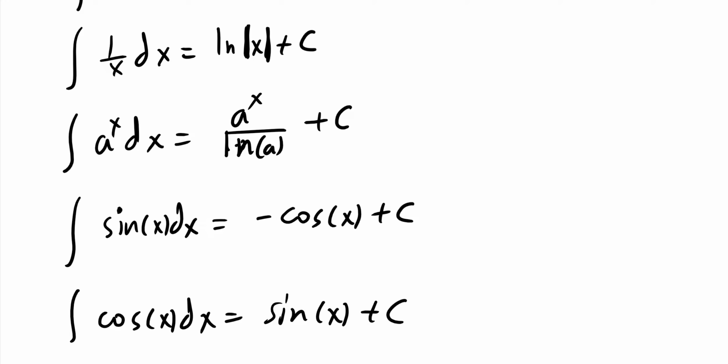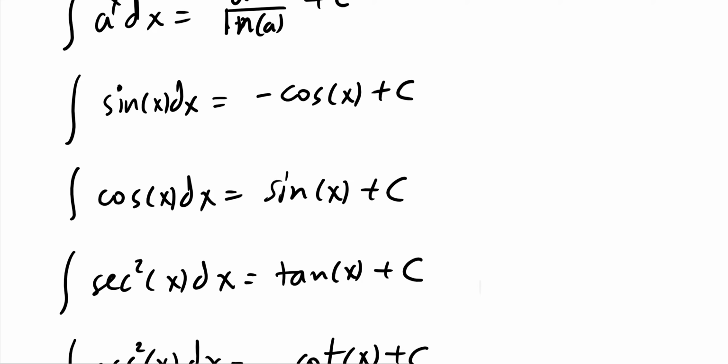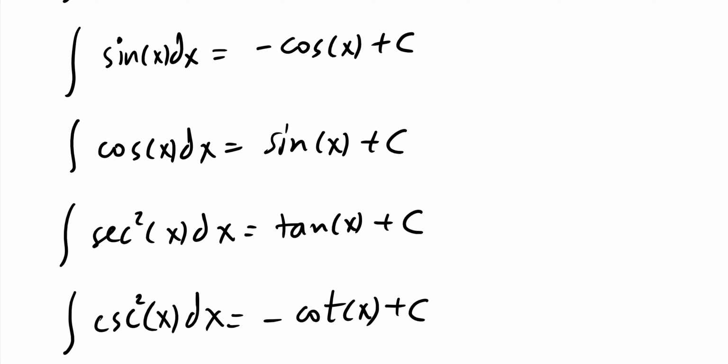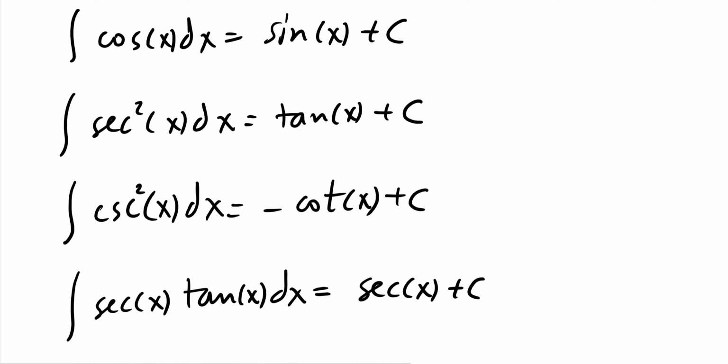Cosine is sine. Secant squared is tangent x, because the derivative of tangent is secant squared. Cosecant squared is negative cotangent x. For secant tangent, it's secant x plus c.